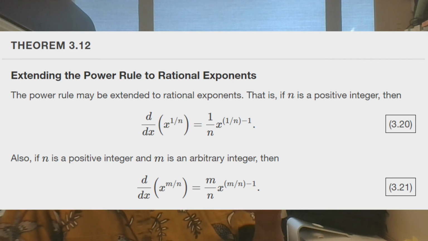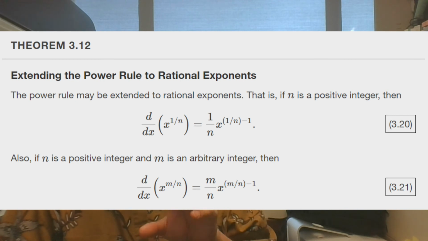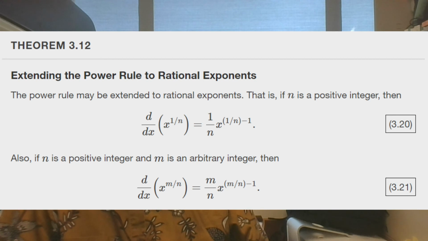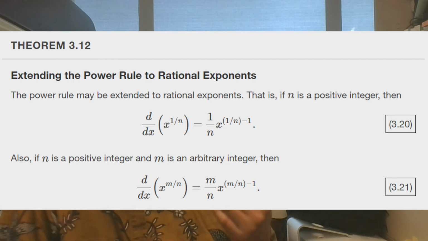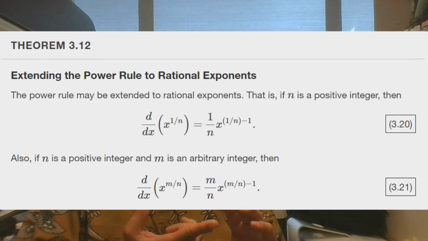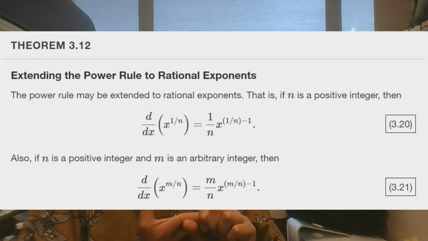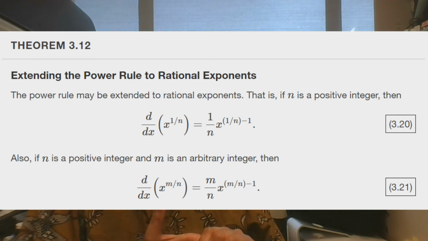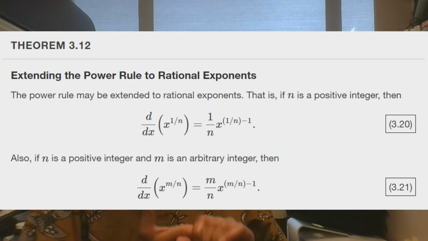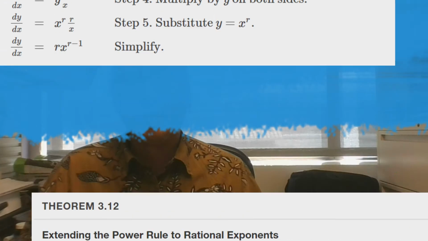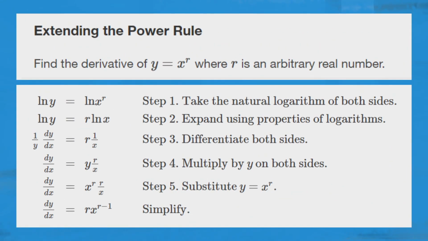The derivative of x to the 1 over n is going to be 1 over n, that original power, times x to the 1 over n minus 1. So you subtract 1 from that power, and the same happens with the second formula here. So we started with positive integers, then positive and negative integers, and then rational exponents. And finally, we get to do this for any real number we want, including e.